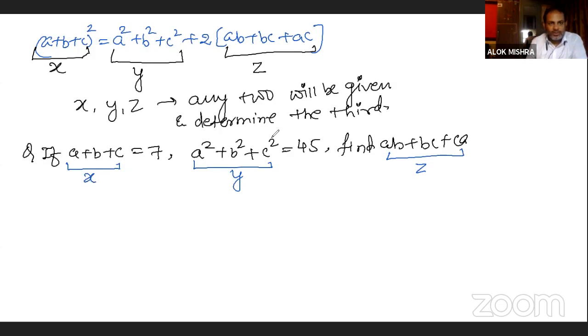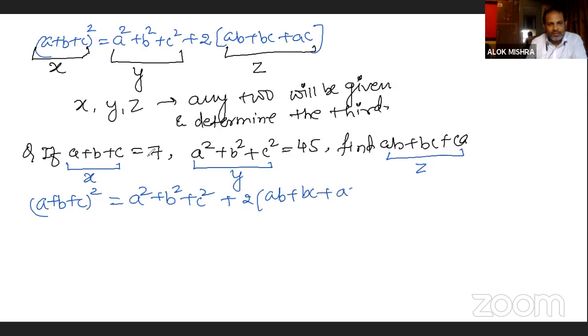So what is the first step we are going to proceed with? I'll simply write (a plus b plus c) the whole square equals a square plus b square plus c square plus 2 times (ab plus bc plus ac).